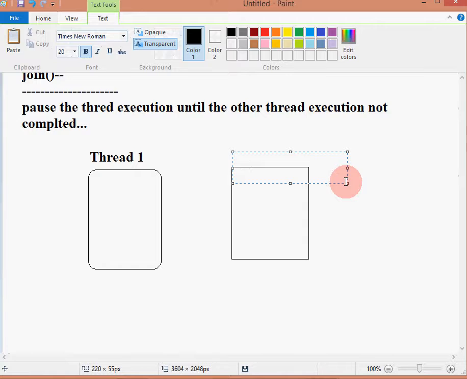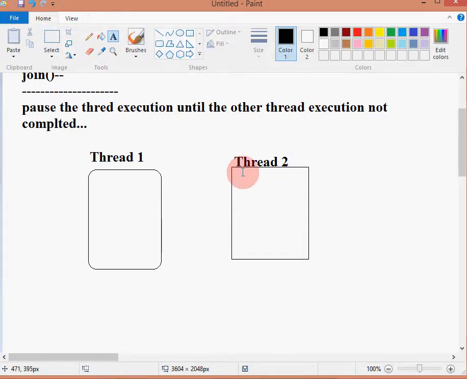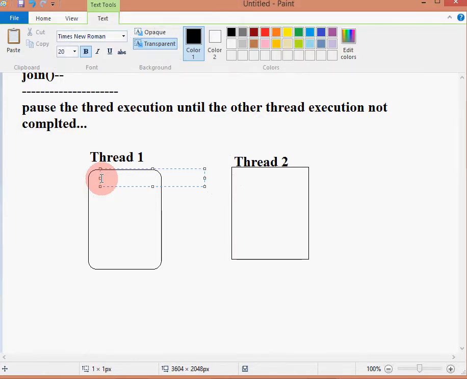Both have a run method. Here also I have a run method.